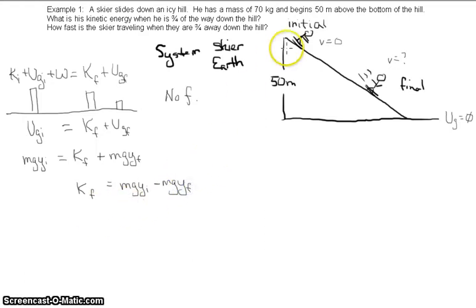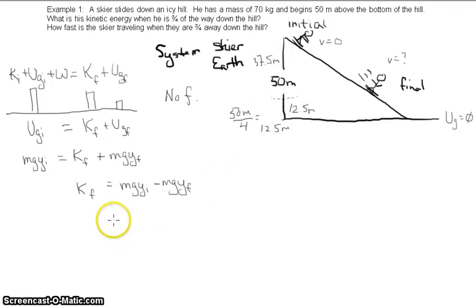Now to figure out the height at 3/4 of the way down the hill: if we take 50 meters and divide it by 4, that is equal to 12.5 meters, which means there's 12.5 meters of height to go to get to the bottom of the hill, and the skier has dropped 37.5 meters.